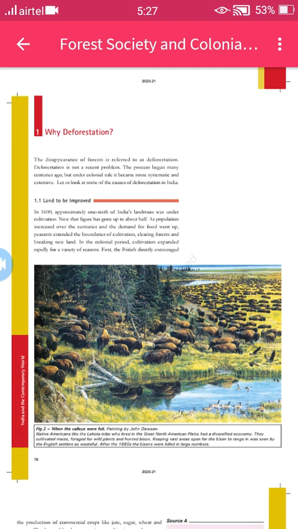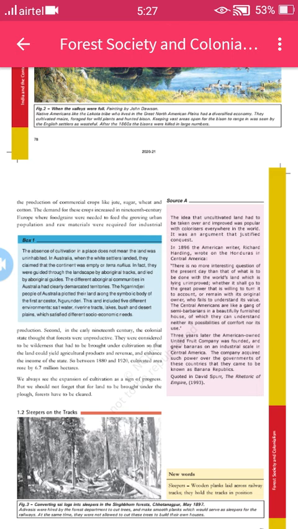The first one is that the British directly encouraged the production of commercial crops, that is jute, sugar, wheat, cotton, and indigo.